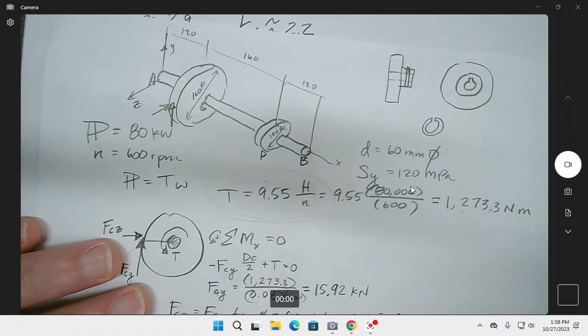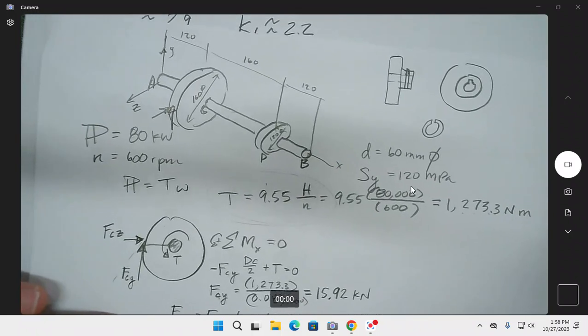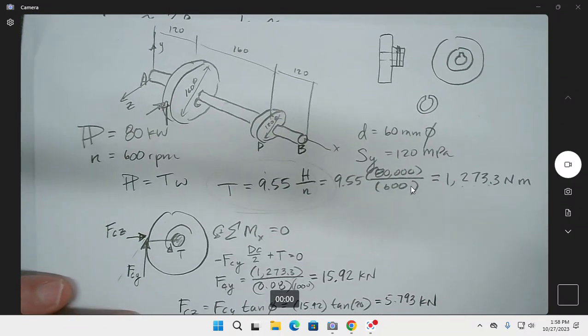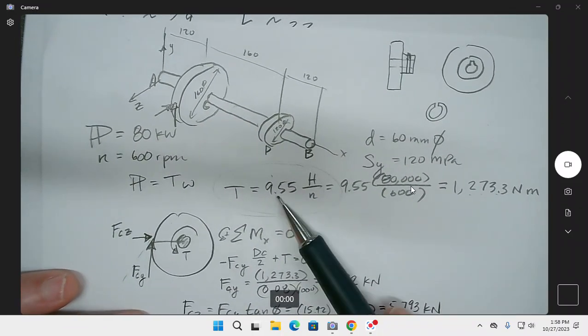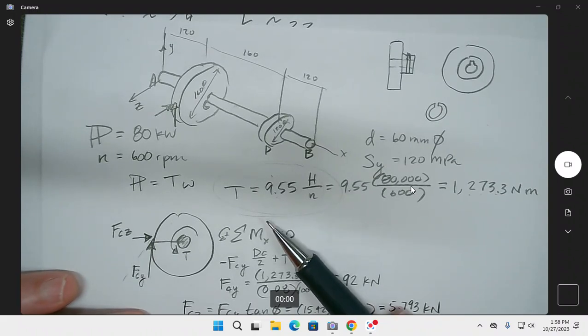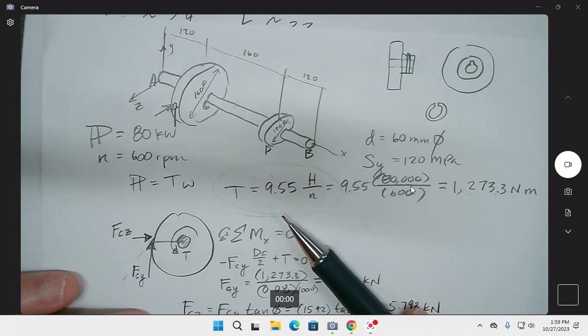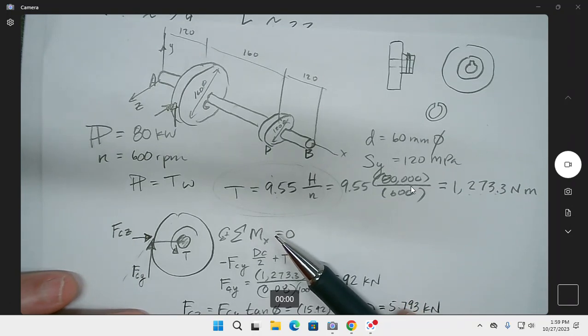As I've mentioned before, a lot of times in designing, one of the big uncertainties is load. Here's an instance where load is fairly easy to find, although we have to remember that this is constant. This machine's going to start up. It's going to stop. You don't know what it's driving.